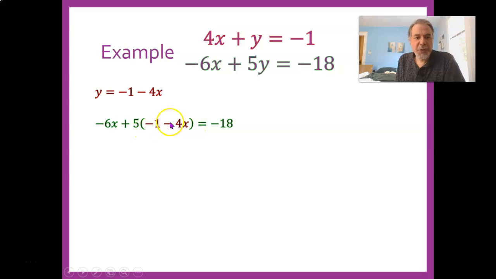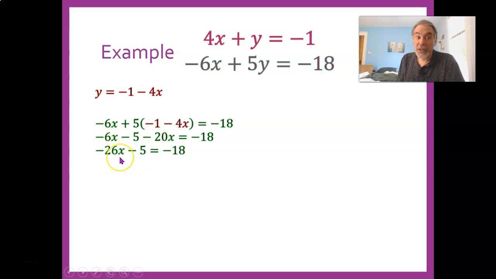So let me start by multiplying this out to get rid of the parentheses. Negative 6x minus 5 minus 20x equals negative 18. I can combine the two x terms on the left side. The negative 6x and the negative 20x together make negative 26x. So negative 26x minus 5 equals negative 18.